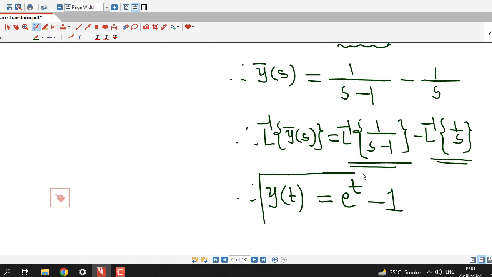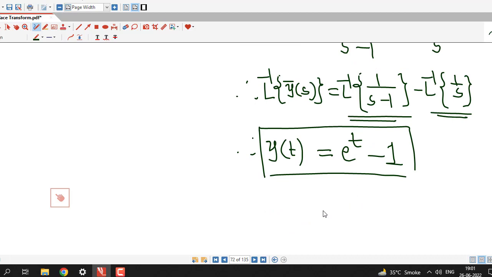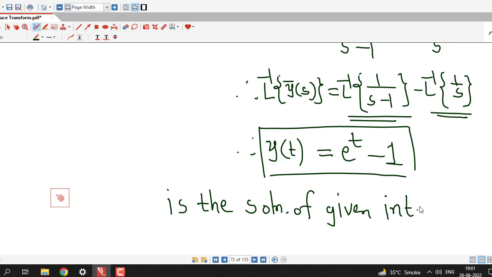So this is the solution of the given integral equation. It is y of t equal to e^t minus 1 that is the solution of the given integral equation.